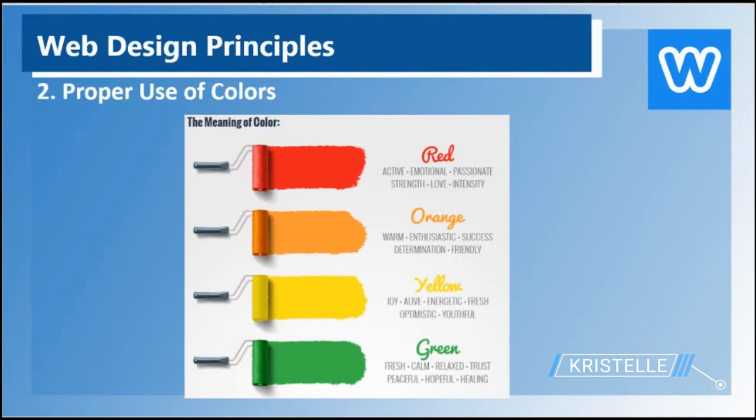Orange: warm, enthusiastic, success, determination, or friendly. Yellow: joy, alive, energetic, fresh, optimistic, or youthful. Green: fresh, calm, relaxed, trust, peaceful, hopeful, or healing.